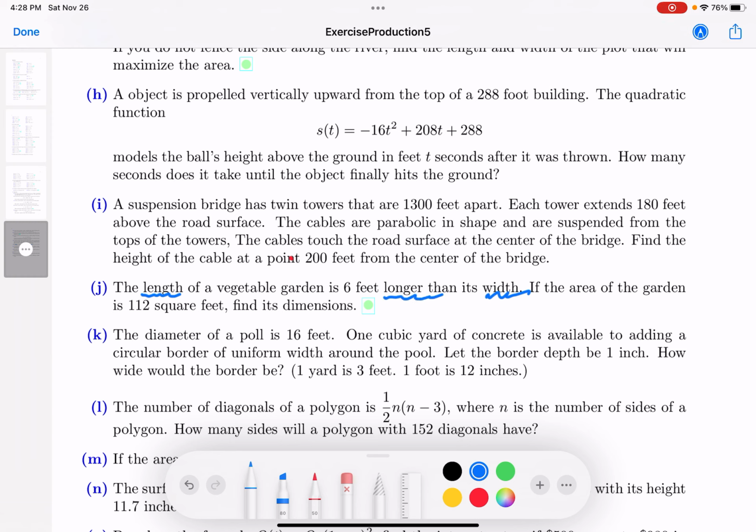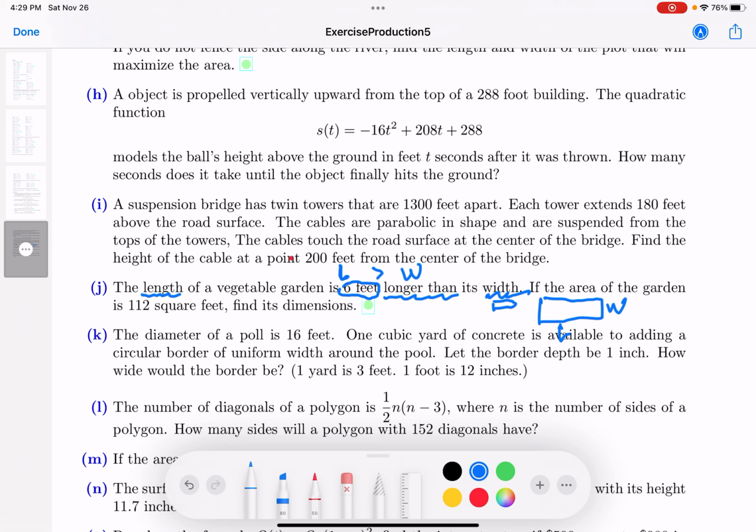Which side is longer? Apparently the question says L is longer than the width. If here is the garden, here is the width, and this side will be the length. Length is longer than width, but is 6 feet longer than its width.